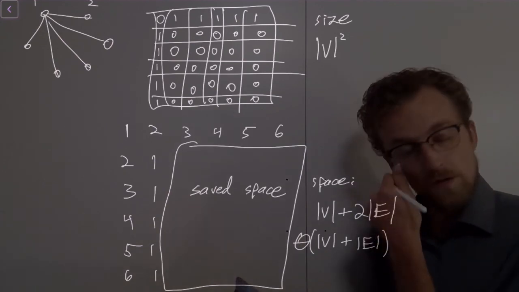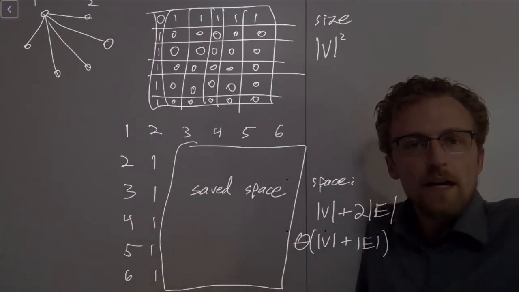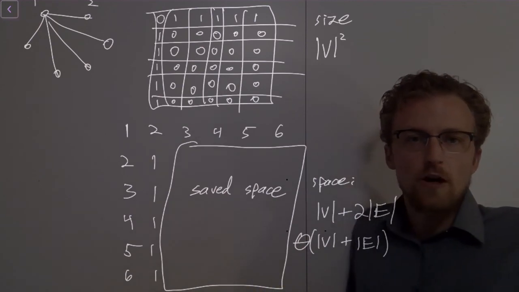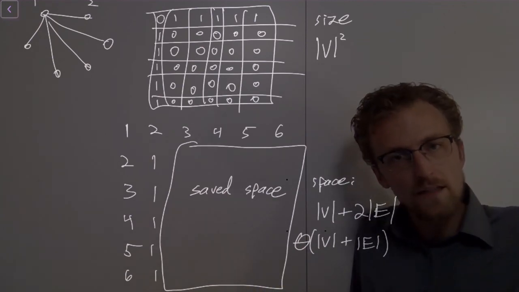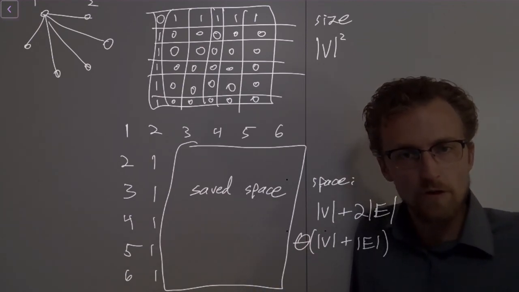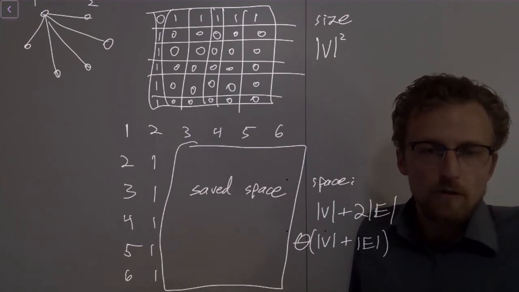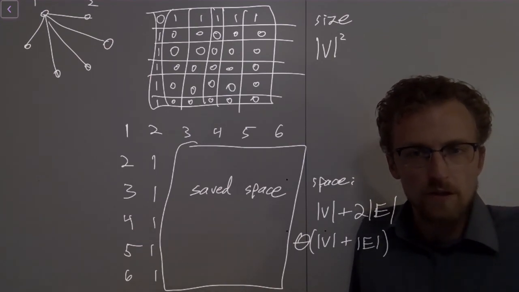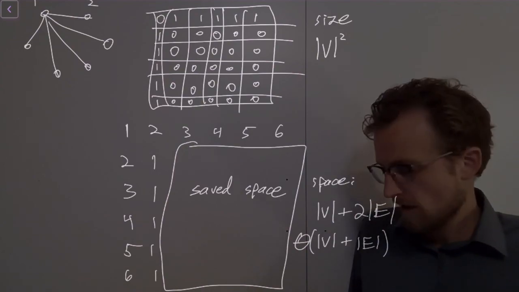So the basic takeaway is that the choice of data structure does affect the space required to store the graph. For very sparse graphs, you'll be a little bit better with an adjacency list representation. But there are also some fundamental reasons why you would want to use a different representation, for example, why you would want to use an adjacency matrix even for very sparse graphs. We'll talk a little bit about those as we move forward.